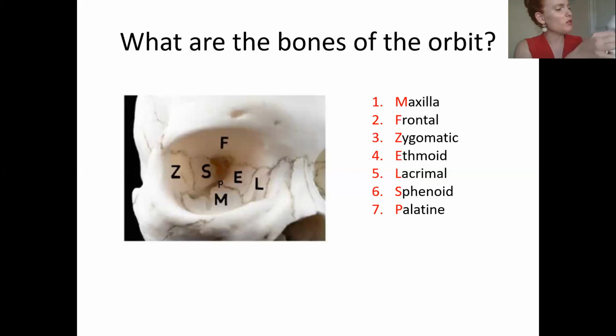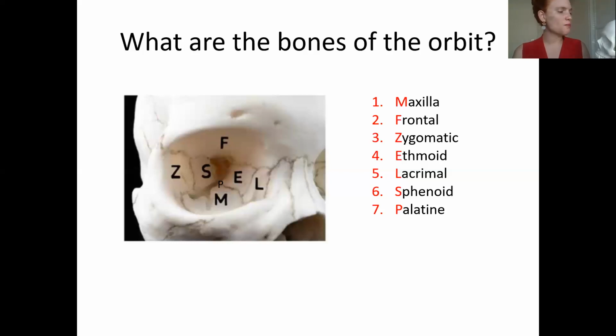Notice that the ethmoid bone is on the medial side. What's going to be just lateral to that? On the other side over there, that is going to be the sphenoid bone. So the ethmoid bone will be the medial side, and the lateral side is going to be the sphenoid bone.